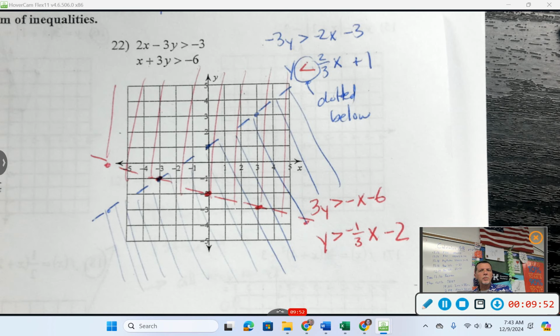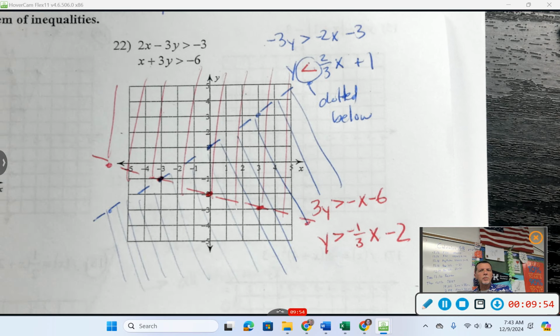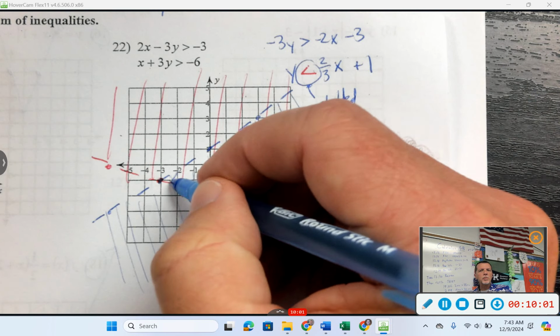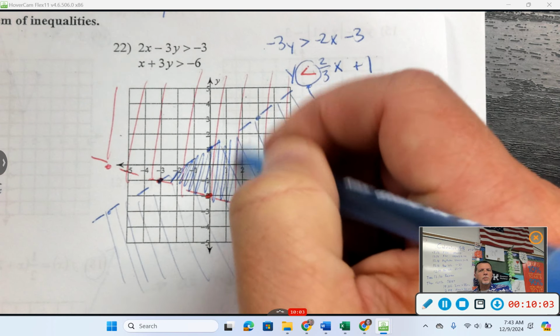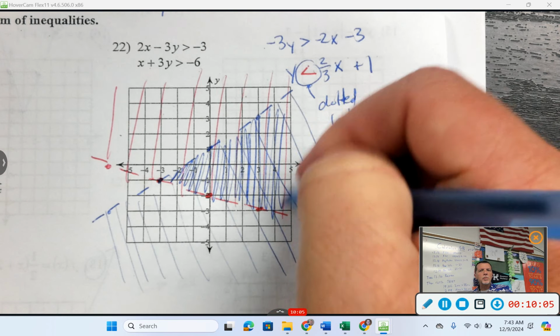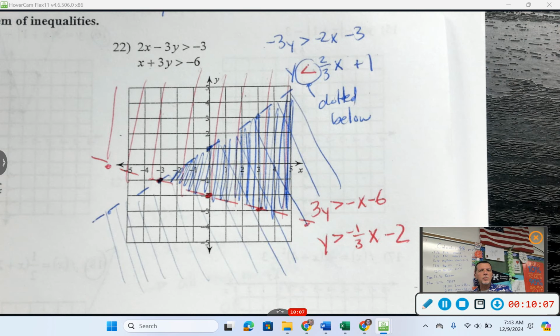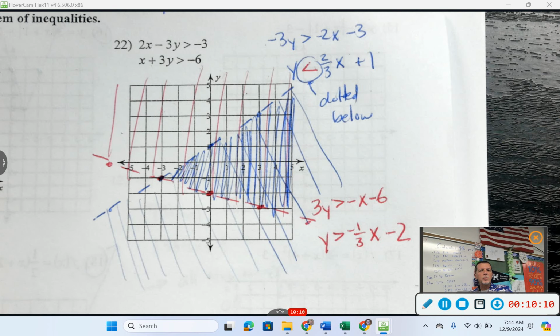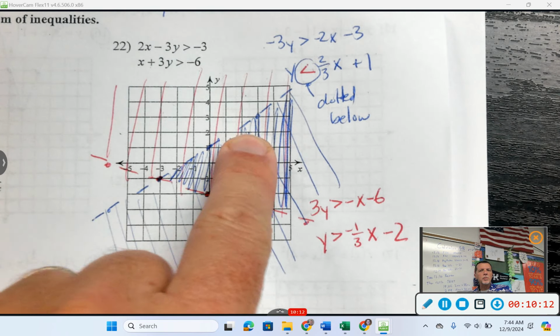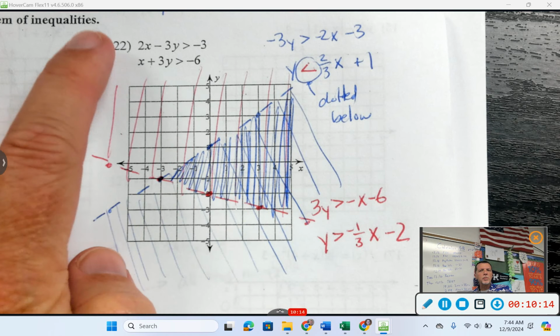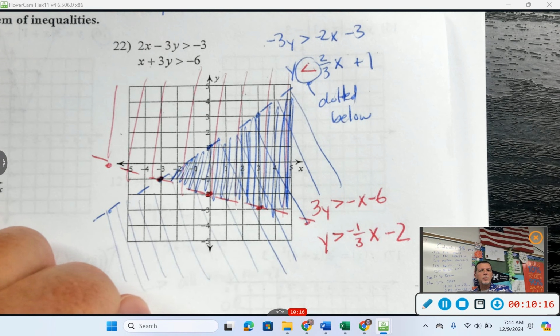I'd like a pencil, but I don't see one. So just make it a little darker. So the overlap region is right there. That's the answer. Any point in that overlap region is true in both inequalities.